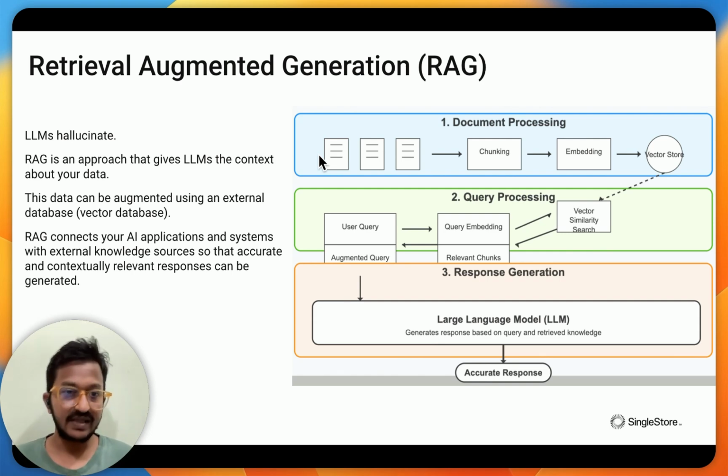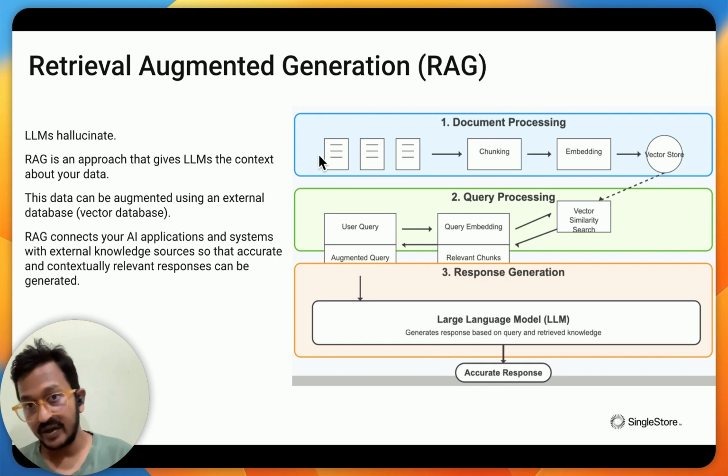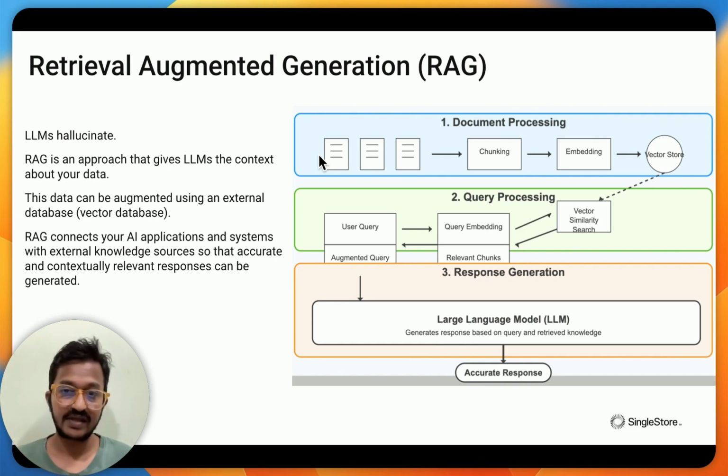This data can be augmented using an external database, what we call a vector database. So RAG connects your AI applications and systems with external knowledge sources so that accurate and contextually relevant responses can be retrieved or generated.